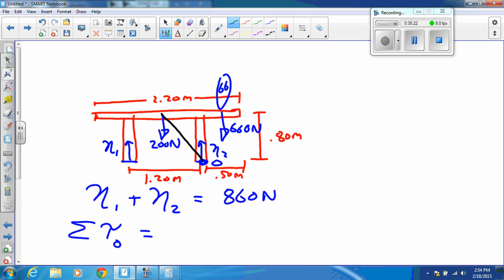When we do force times distance times the sine of the angle between, what we're doing is force times perpendicular distance. And you can see the perpendicular distance between the table and the force, the perpendicular component of that, is this guy right here. And I can read that straight off the diagram.